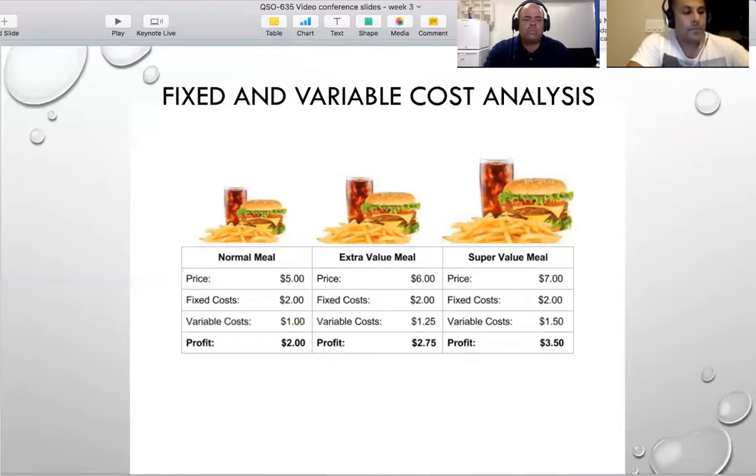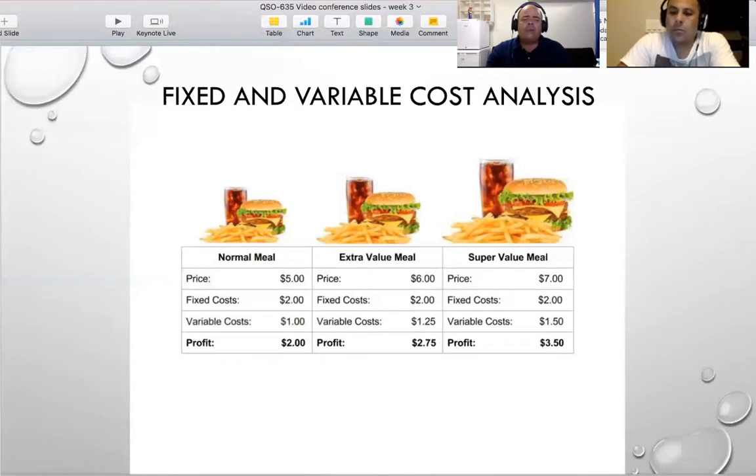So if you have a supply chain, let's say your supply chain makes hamburgers, and your supply chain is designed for where the first 10,000 cheeseburgers absorb the fixed costs.